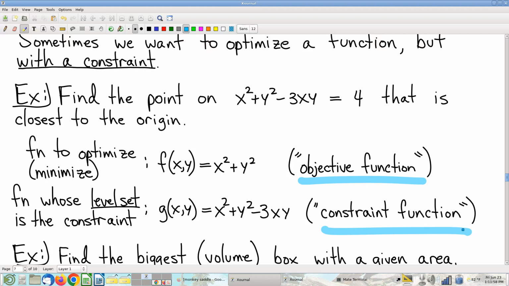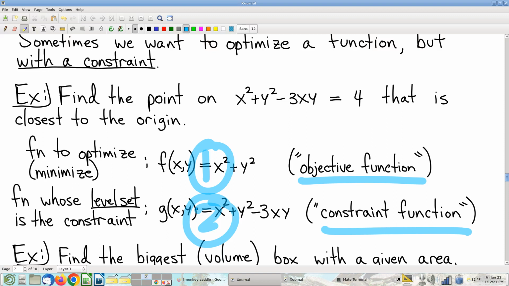In this kind of question, there are two functions, and both are really important to the solution. They are different and unrelated functions.